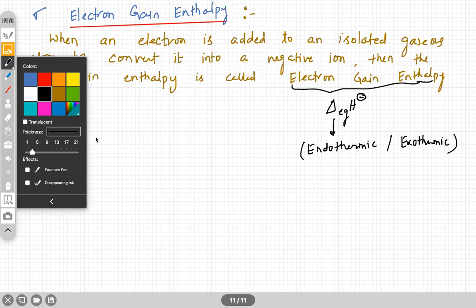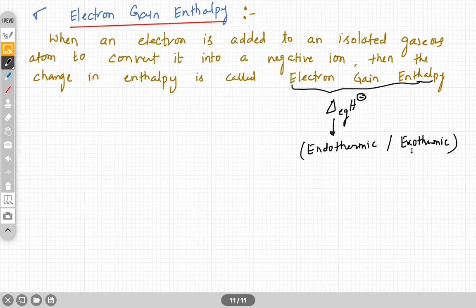One more point you write down. It gives us an idea of how easily an atom can accept an electron.